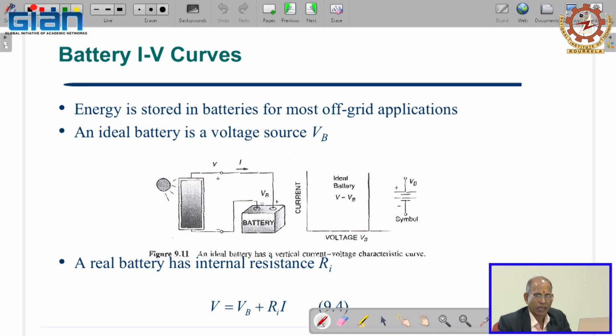Now what will be the IV characteristics or some important information for the battery? What sort of equations do we have for batteries?